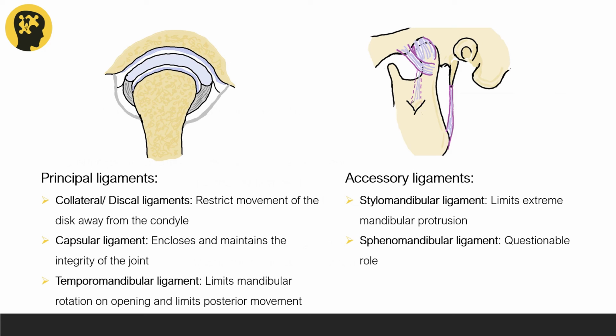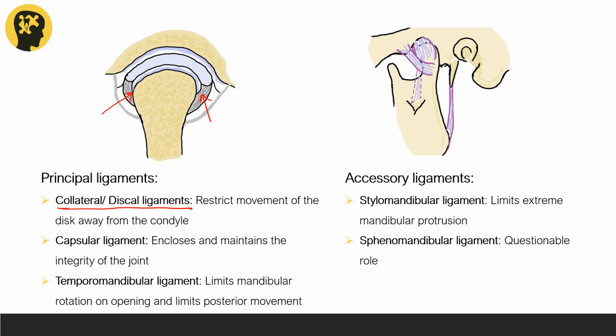The three principal ligaments of the TMJ are firstly the collateral or the discal ligaments, which we saw connect the medial and lateral aspect of the articular disc to the medial and lateral poles of the condyle. So they help ensure that the disc moves along with the condyle during various movements of the jaw.